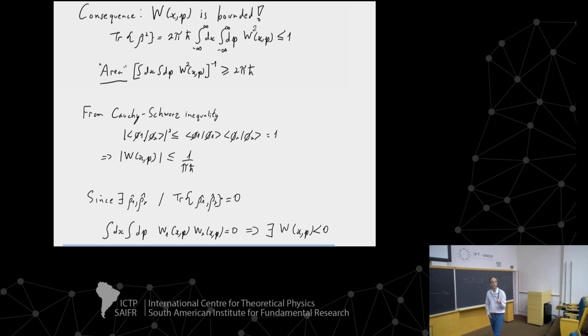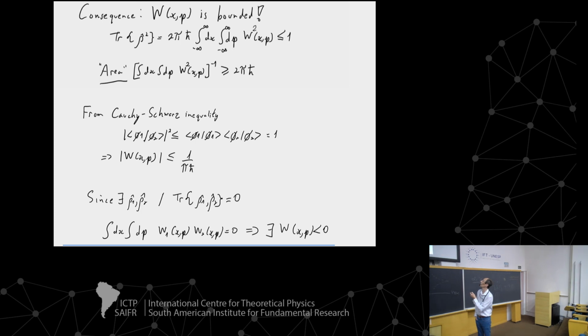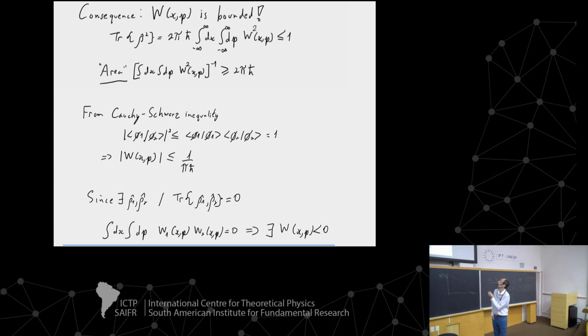So no matter if it's positive or negative, now it's a squared function. The integral of the Wigner function is equal to 1. If you take this integration, it will be smaller than 1. So that gives you an idea of the area that you have for your Wigner function.